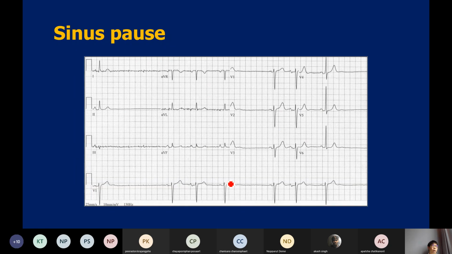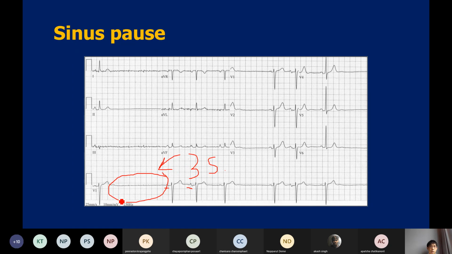Another type of impulse generator abnormality is the sinus pause. You can see from the ECG that there is a pause without any P wave, but after that there is a P wave recovering from the pause. This pause has to be more than 3 seconds for you to call it a sinus pause.